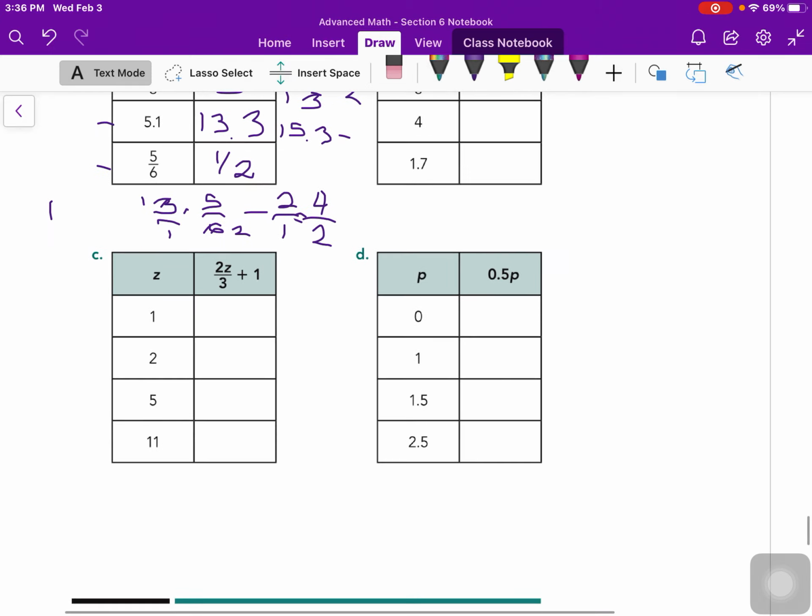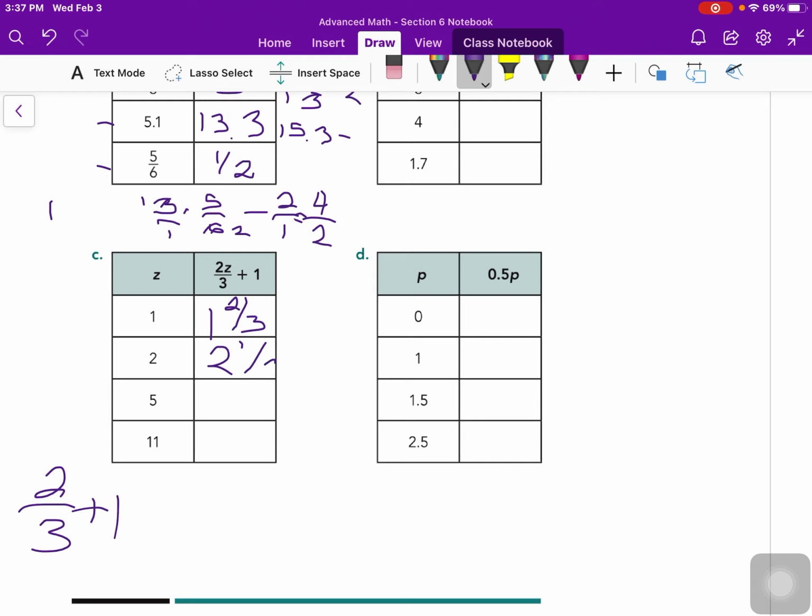This is so hard when I can't draw with my stylus. 2 times 1 would be 2/3 plus 1 whole would make it 1 and 2/3. And the second one would end up being 2 and 1/3. The next one would be 4 and 1/3. And the last one would be 8 and 1/3.